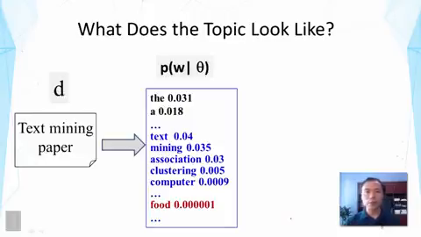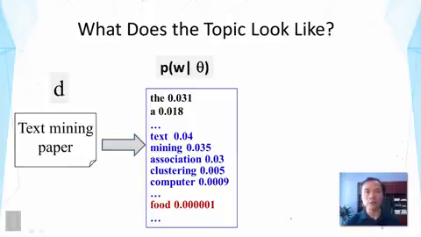So if you imagine what would we get if we use such a maximum likelihood estimator to estimate one topic for a single document D here. Let's imagine this document is a text mining paper. Now, what you might see is something that looks like this. On the top, you will see the high probability words tend to be those very common words, often functional words in English.